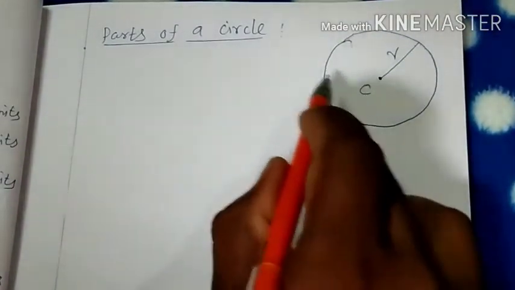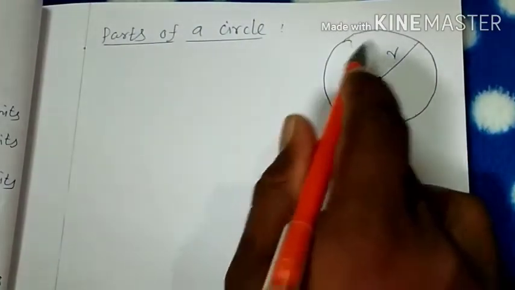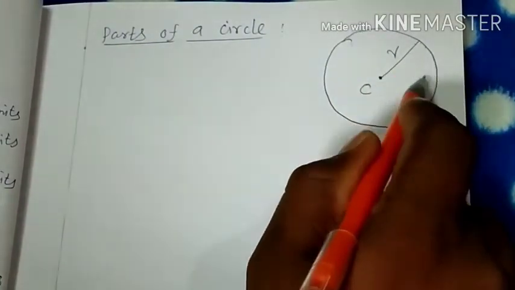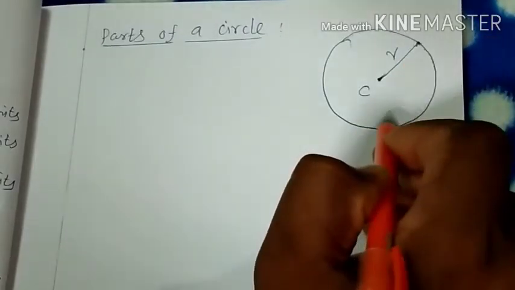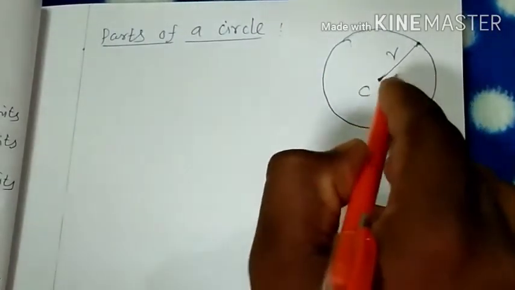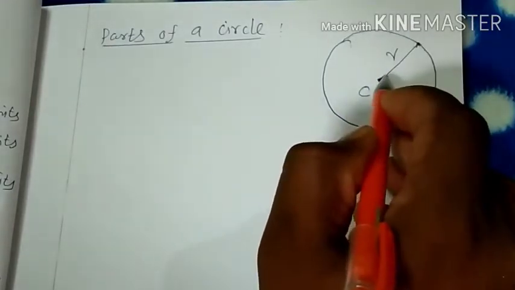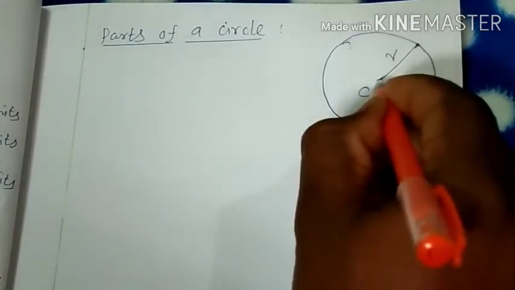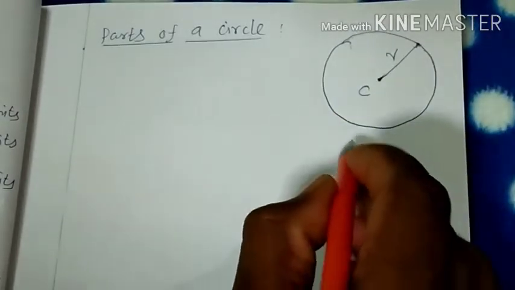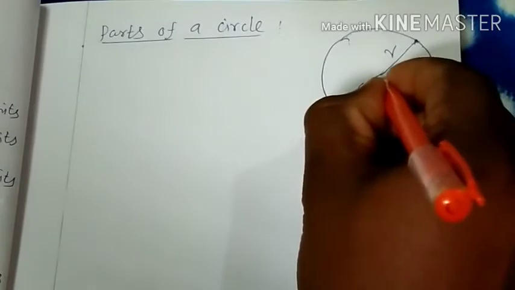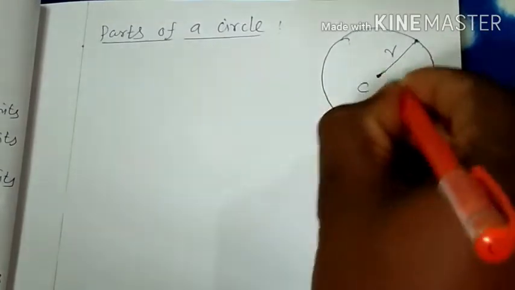What is the definition of a circle? A circle is the path traced by a moving point. Here is one of the moving points. The distance between the moving point and a fixed point is always constant. The fixed point of the circle is called the center.